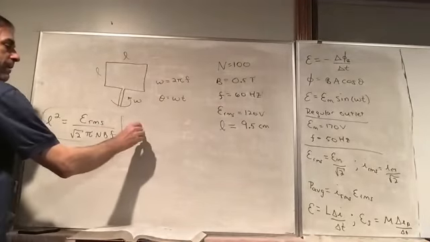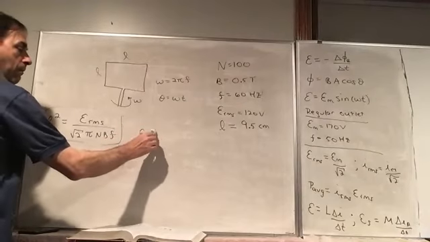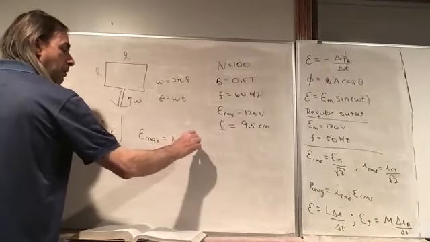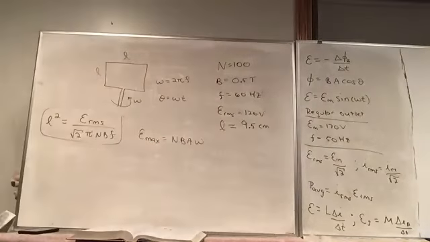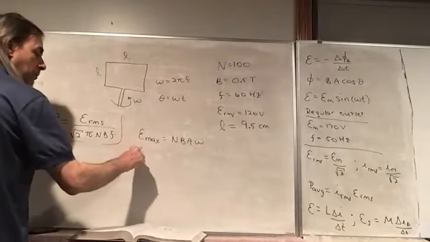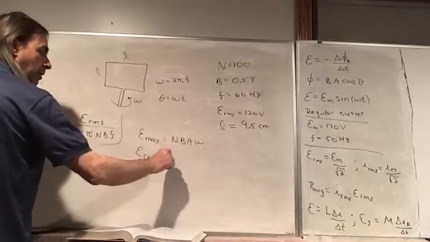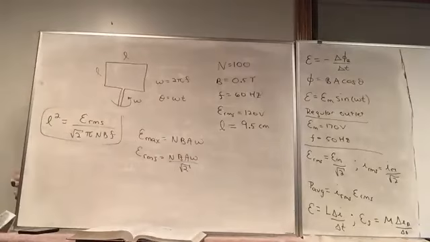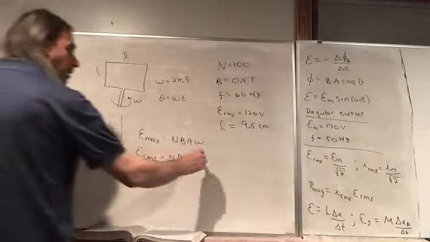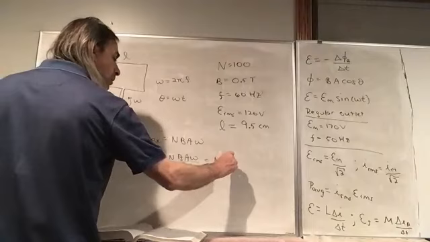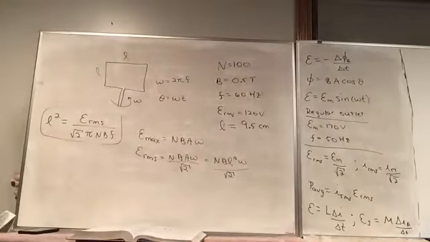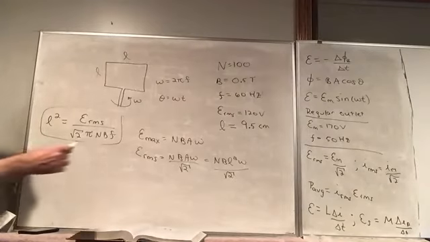So yeah, going back to the beginning, the maximum EMF was NBA omega. That's in the equation sheet. So the RMS value would be this over the square root of 2. A is equal to L squared. And omega is 2 pi times the frequency.